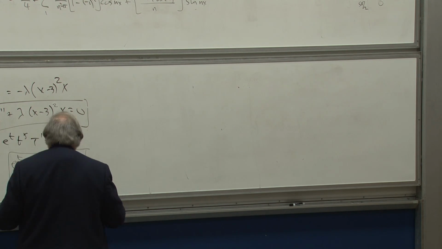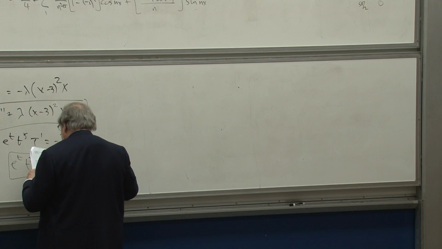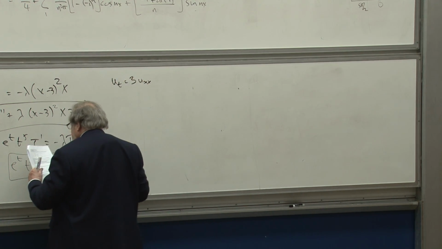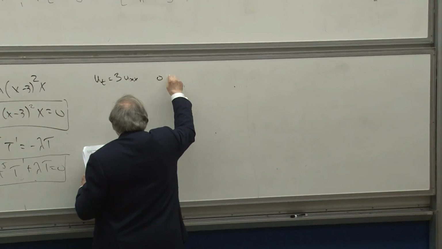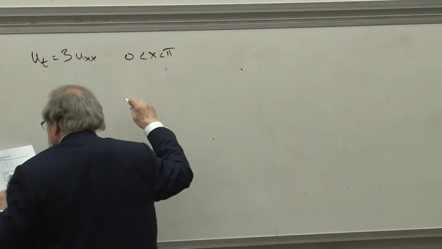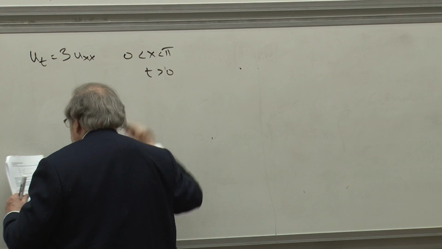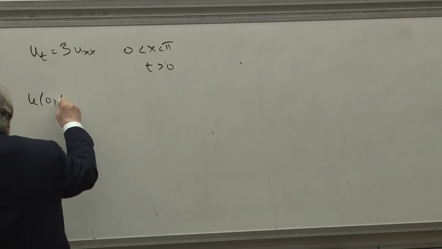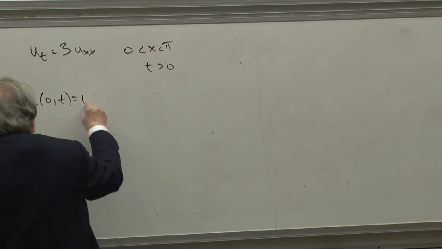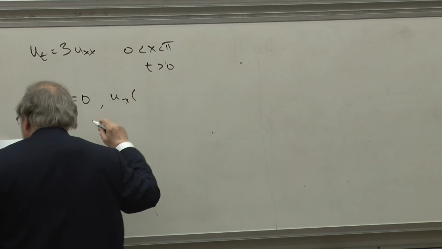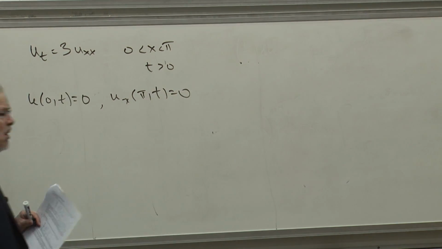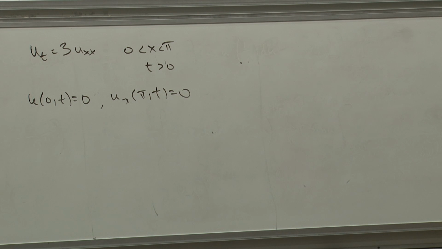So let me take this heat equation problem. U sub t is 3 u sub xx, x from 0 to pi, t positive. Boundary conditions. For the heat equation, the thing that we're modeling here is temperature in a rod.